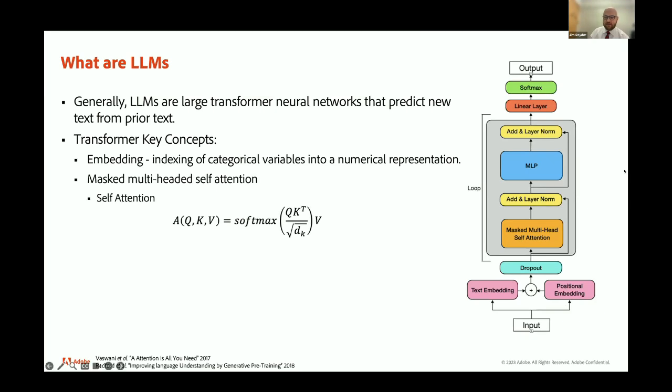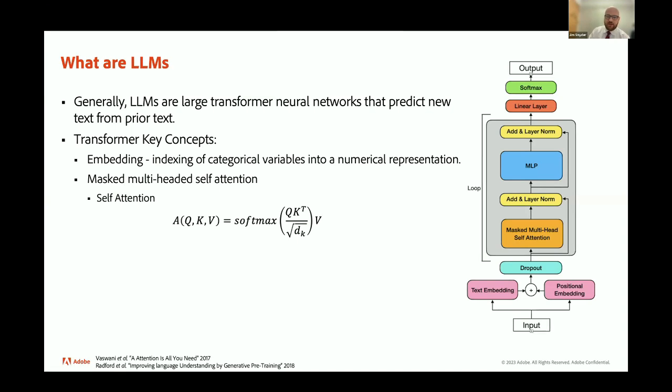The other thing is in this orange block right here, which is called masked multi-headed attention. Basically, these are a series of tensor products that allow the LLM to focus on different parts of the input sequence. And this is the mathematical formula right here, where Q, K, and V are called the query, key, and value matrices. They're responsible for attending to different aspects of the input.